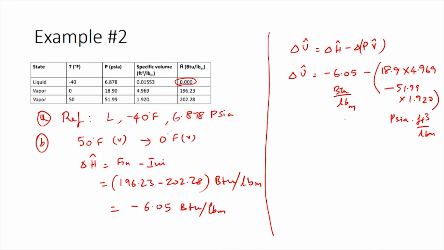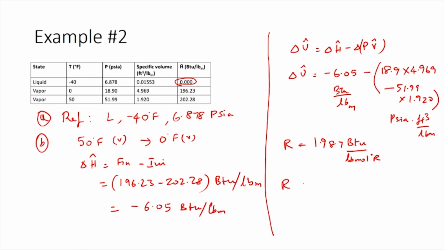For doing this, we can use the universal gas constants. The universal gas constant in terms of BTU is given as 1.987 BTU per pound mole degree Rankine.